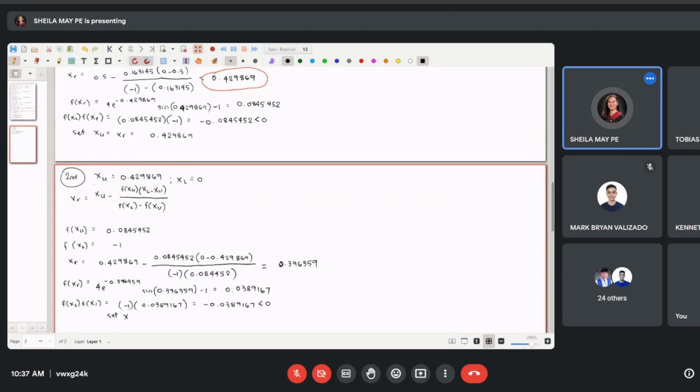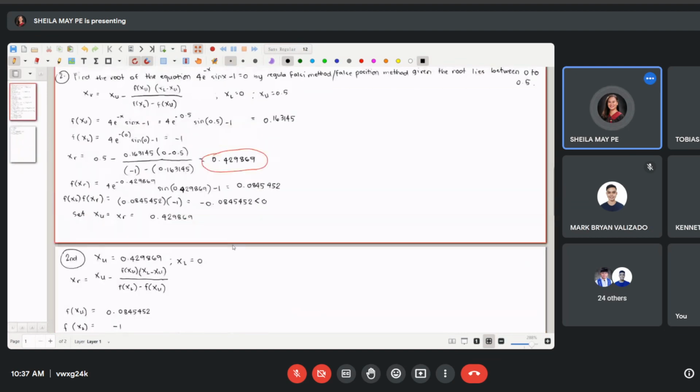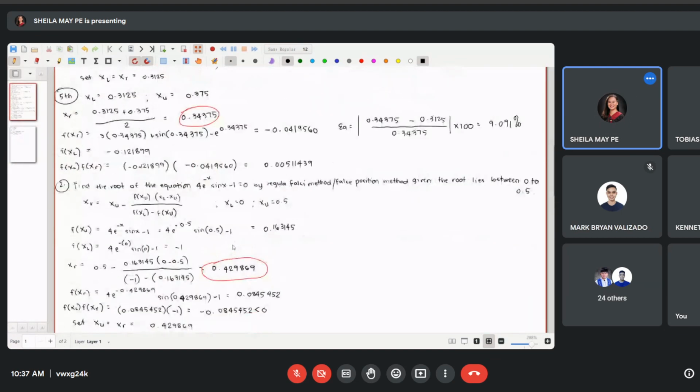We must set our x sub u equals 0.396359.